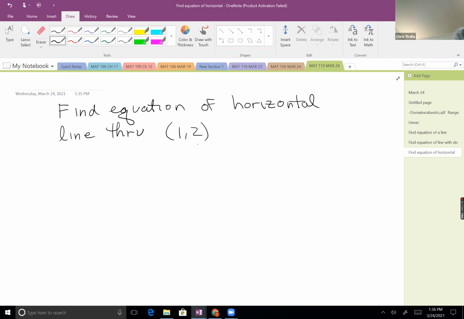First, let's be very rigorous and think of using our point slope formula. With the point slope form, when I have y minus the y value is equal to the slope times x minus the x value, we have to remember that if it's horizontal, the slope is 0.